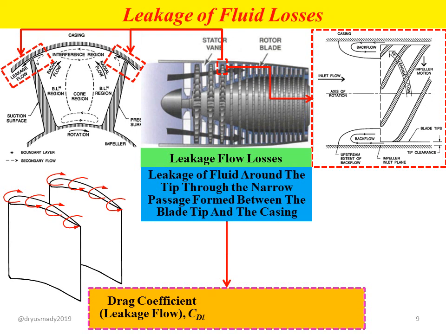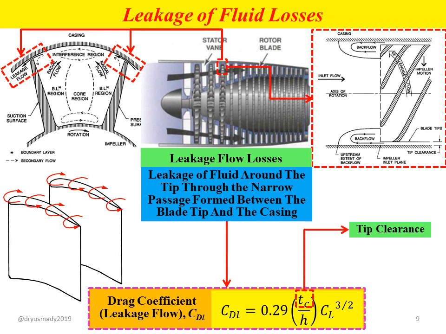To describe the leakage flow losses, we can use the drag coefficient for the leakage flow, where the drag coefficient for the leakage flow losses CDL equals 0.29 TC divided by H times CL, lift coefficient, to the power of 3/2, where TC refers to the tip clearance, the distance between the inner surface of the casing and the tip of the blade. H refers to the blade height.